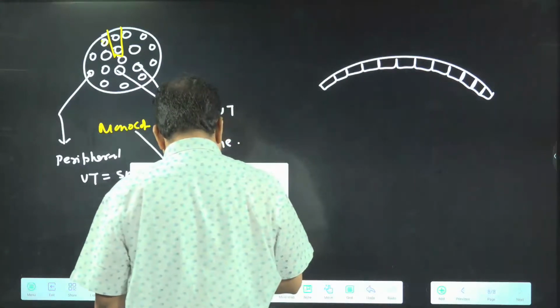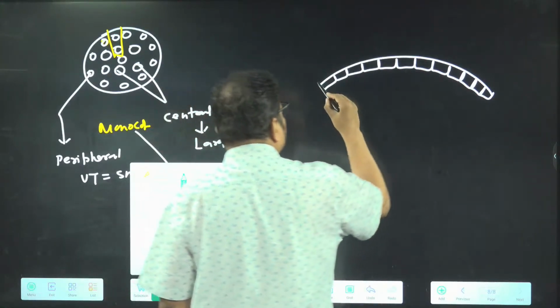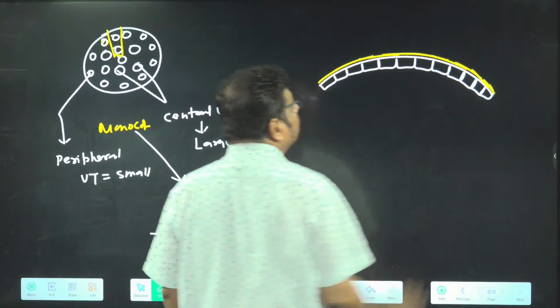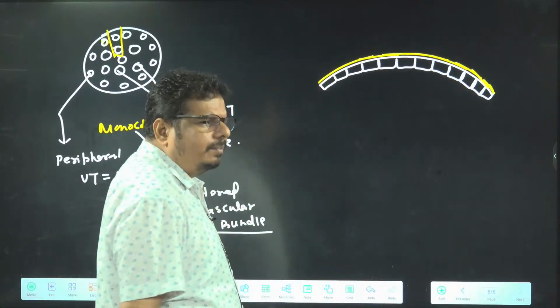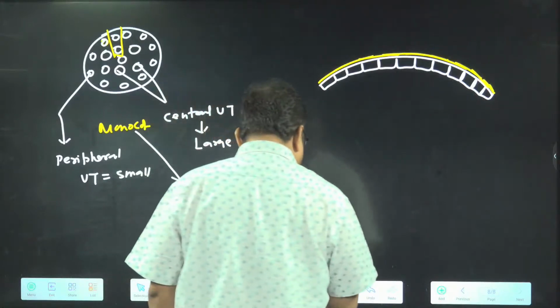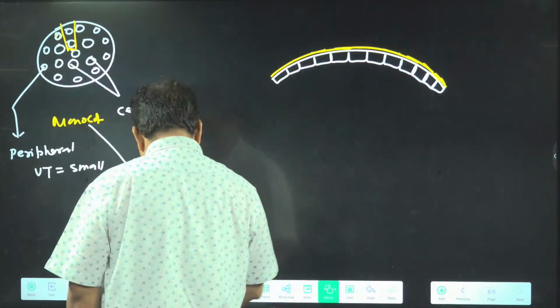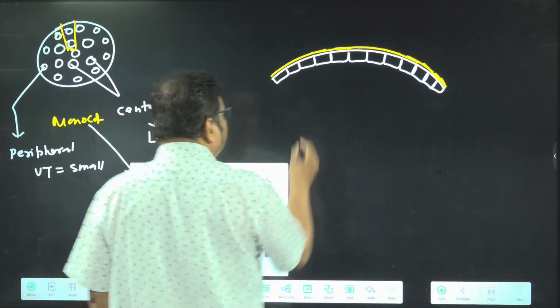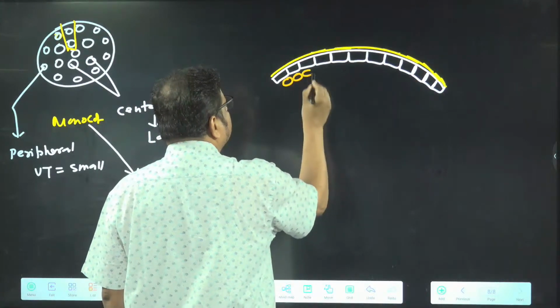Outside the epidermis, of course, cuticle is present. But usually trichome is not present. Even when you look at the NCERT diagram of monocot stem, they have not shown the trichome.